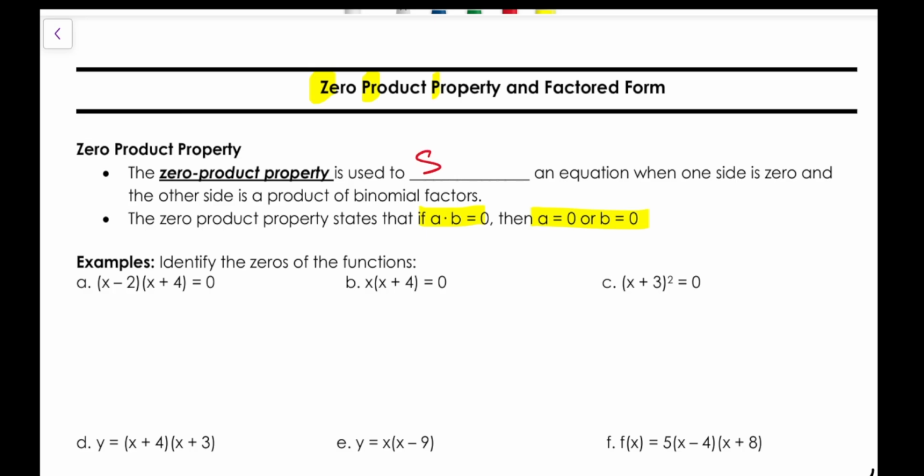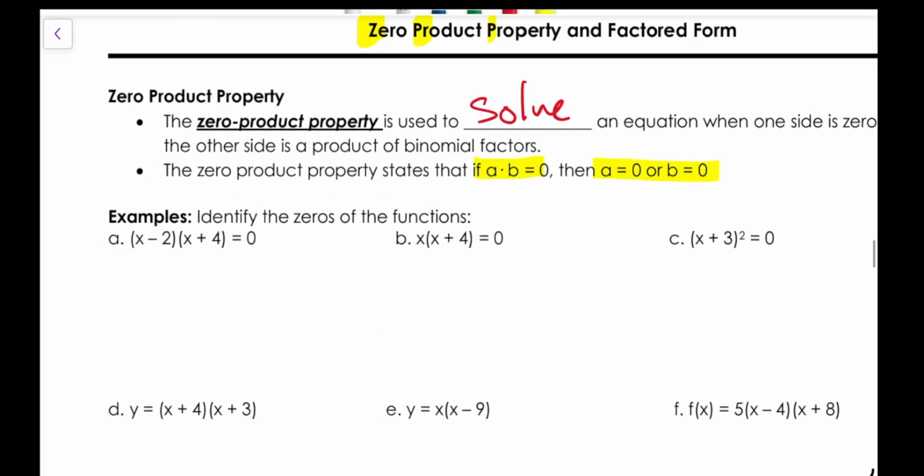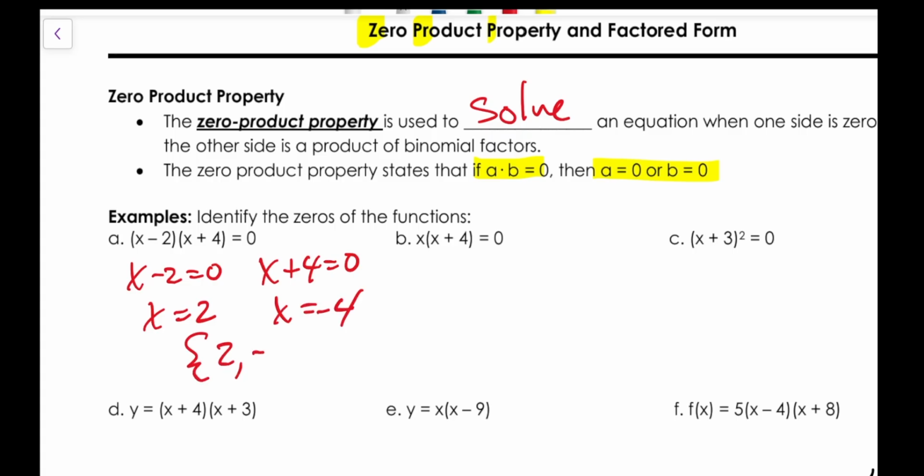It's used to solve an equation. So just look at the first couple examples. X minus 2 equals 0, or x plus 4 equals 0. This is going to give you 2. This is going to give you -4. There's your two solutions.